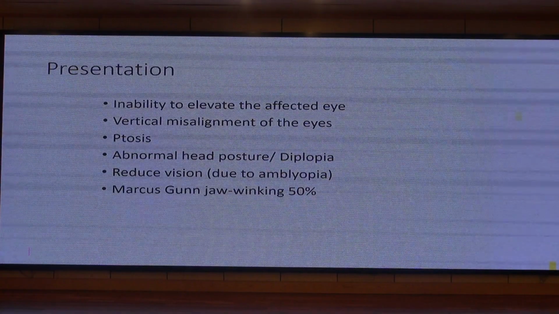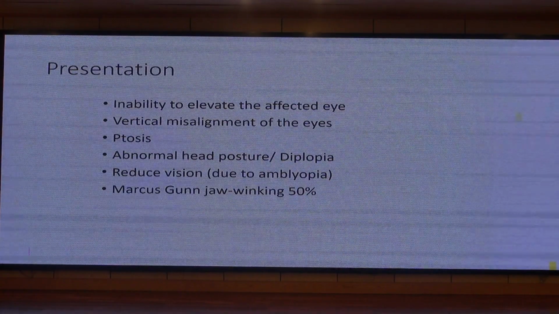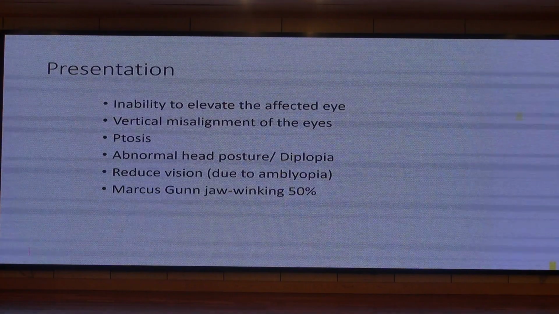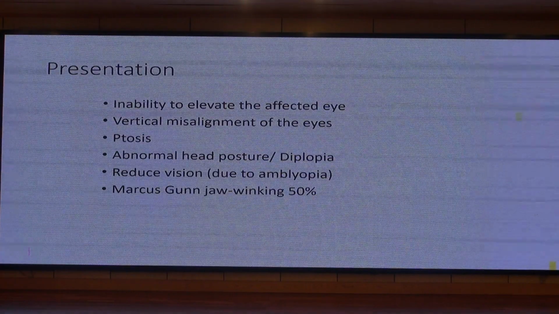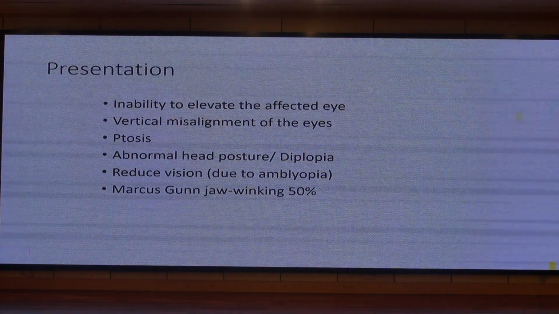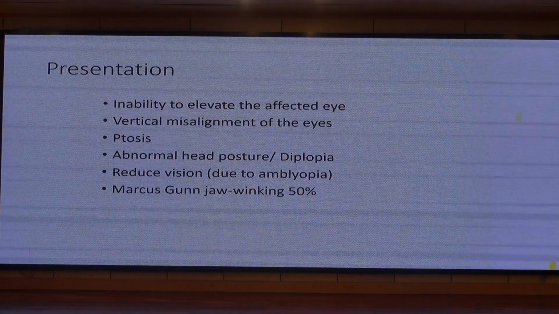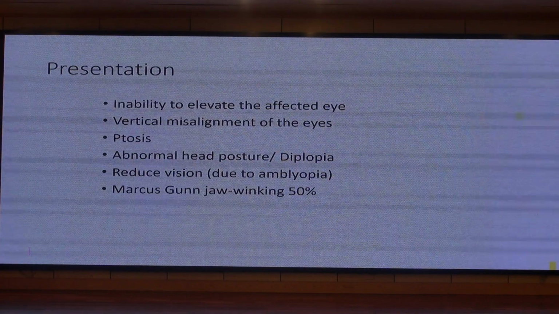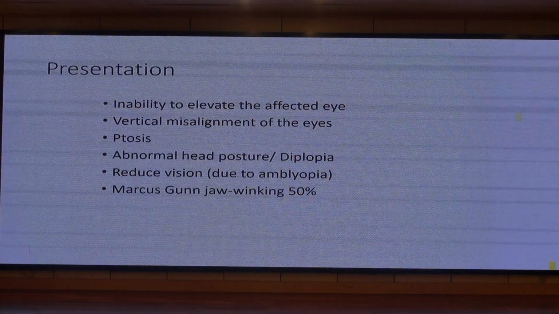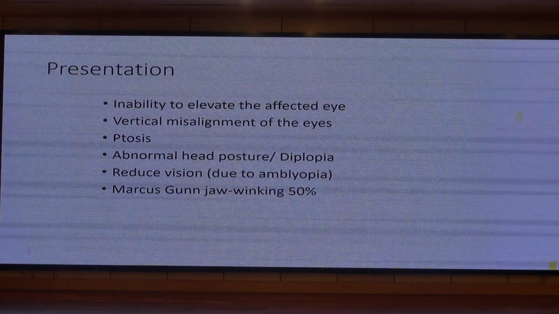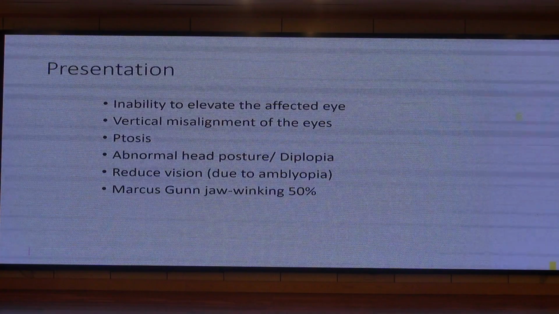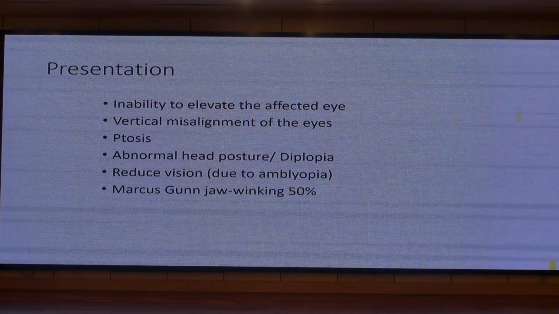They have a vertical deviation with or without ptosis. Next, they may have an abnormal head posture or diplopia or reduced vision due to amblyopia. And up to 50% of patients with MED and droopy eyelids also have a problem called marked jaw winking.